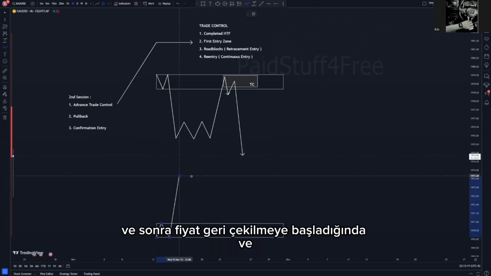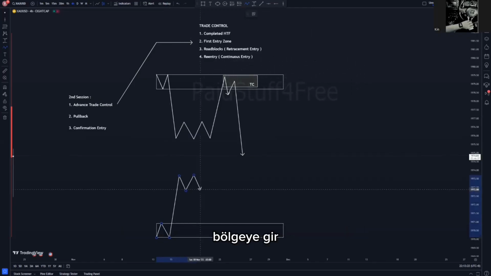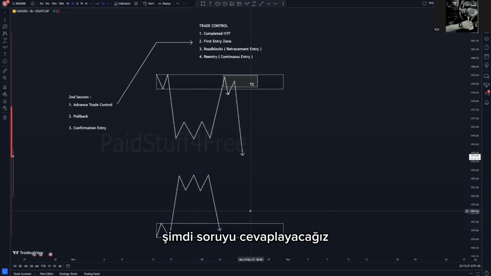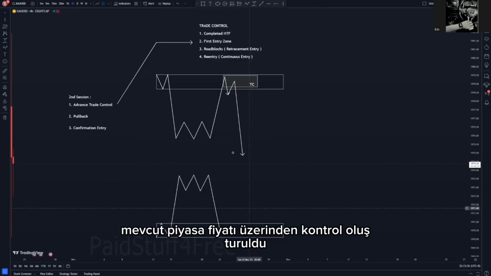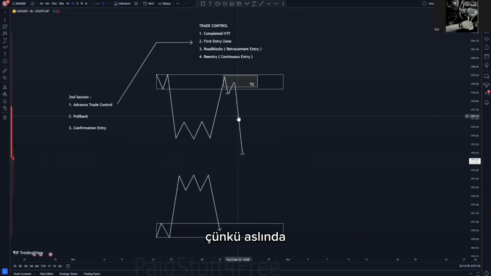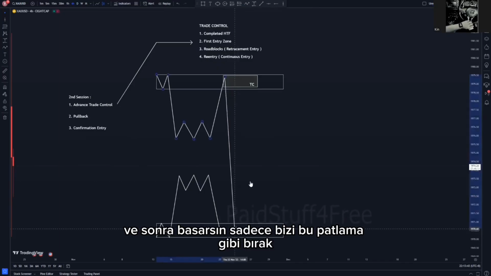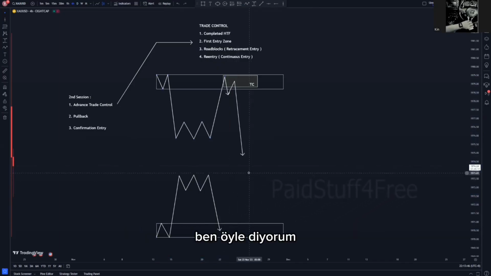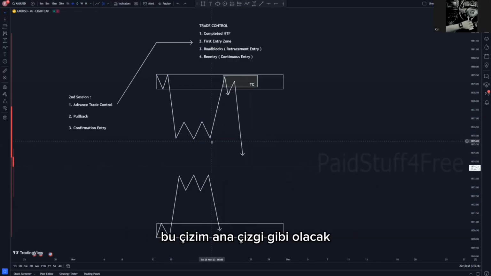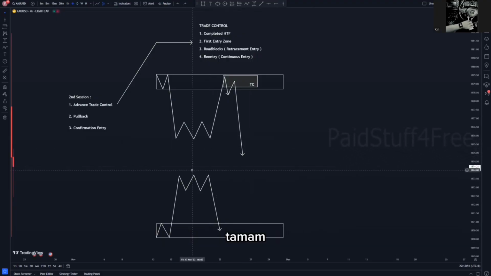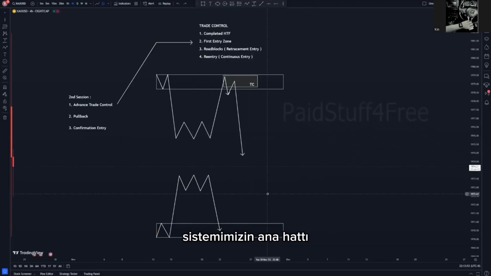And then when the price makes the pullback and gets into the zone, we're going to answer the question of how the trade control has been created at the current market price. Because sometimes the price just creates the trade control and then just leaves us like this. Boom. That's why I say this drawing is the main line of our system.